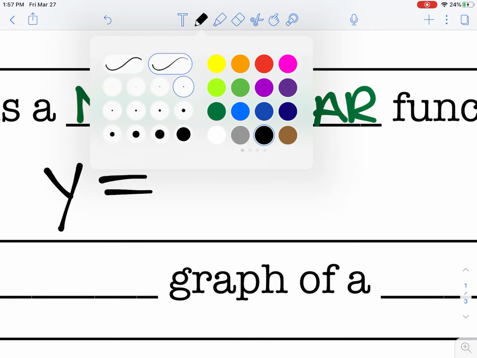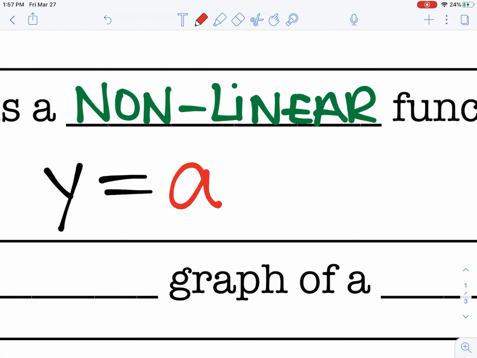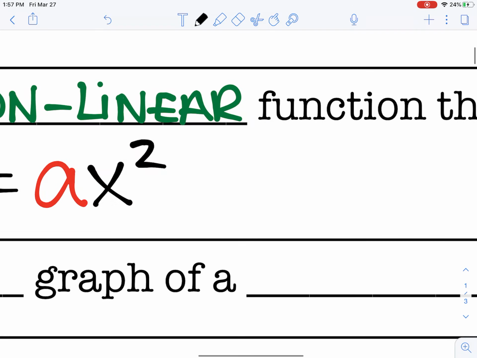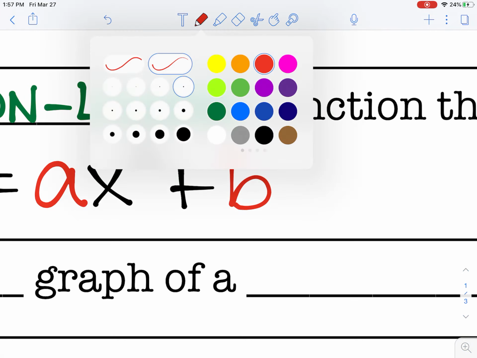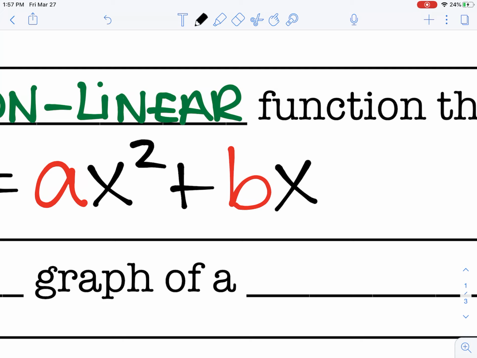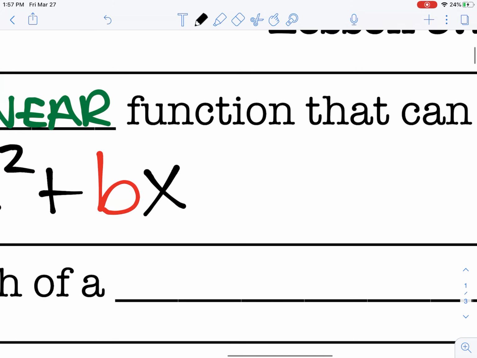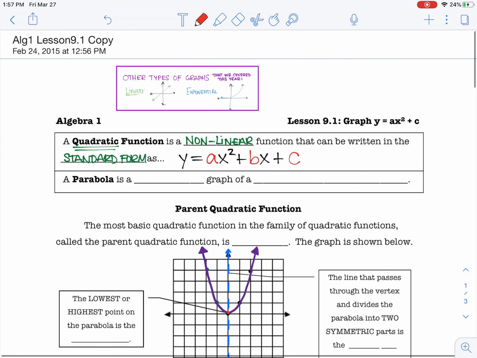So we're going to say y equals ax squared, so a is our leading coefficient, plus bx. B is always in front of our linear term, and then plus c, which is our constant.